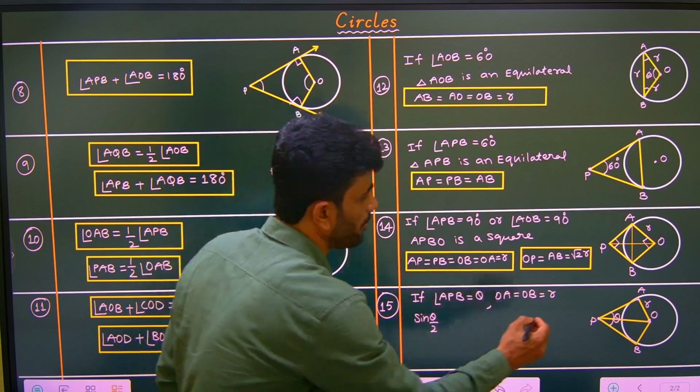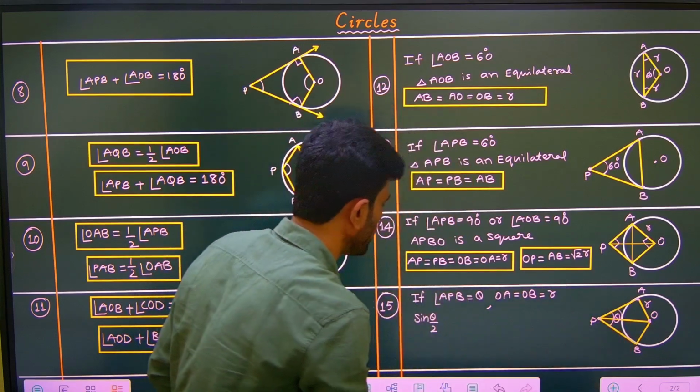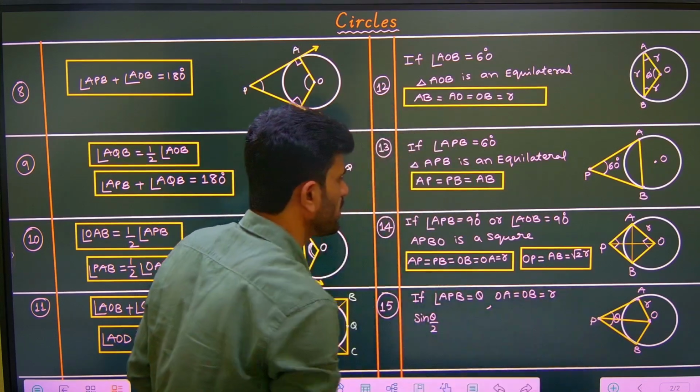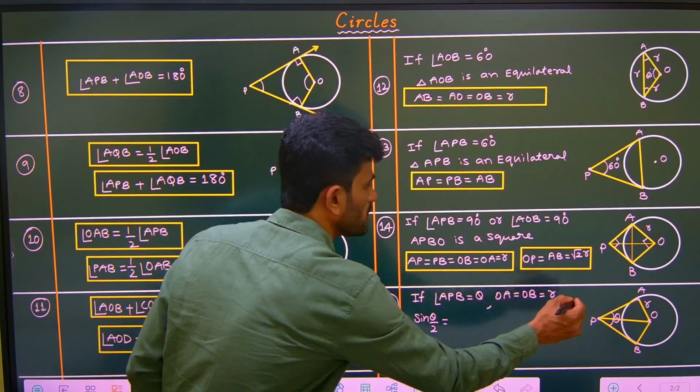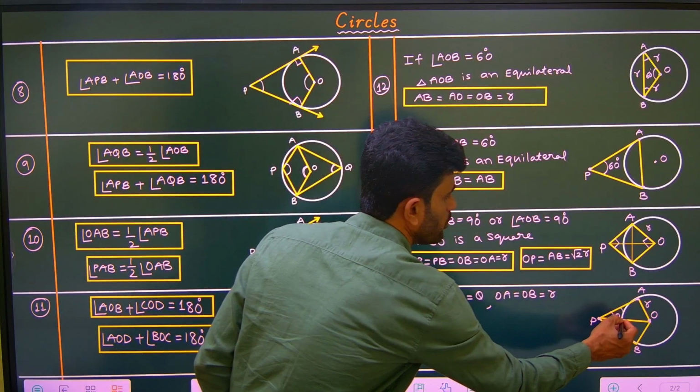If only the upper angle APB is given as theta, then sine theta by 2 is equal to opposite side by hypotenuse. This angle here is theta by 2.